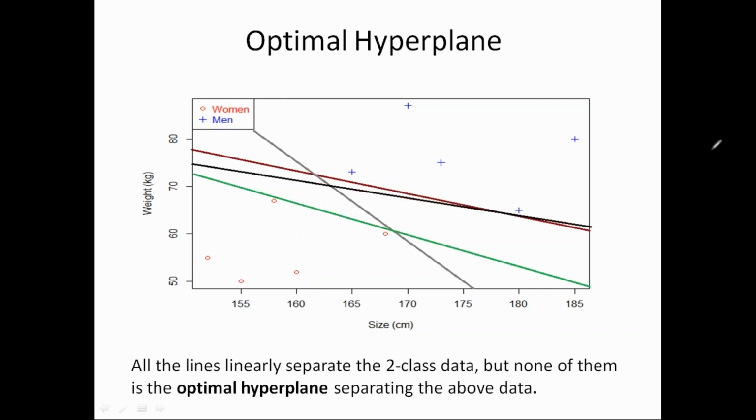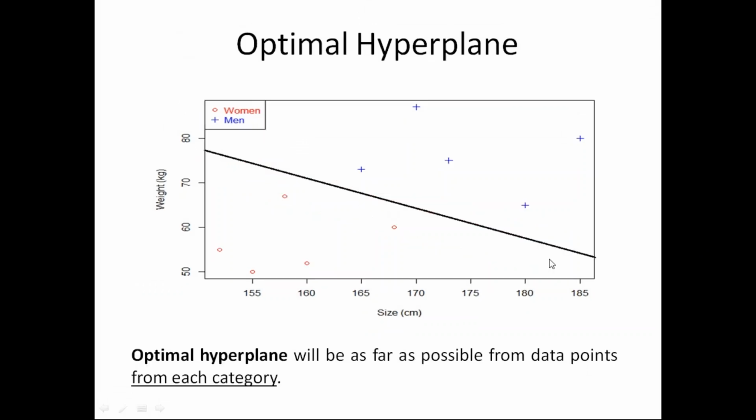So I'm just saying, an optimal plane would be this, exactly going between them. That's the optimal plane. Optimal plane will be as far as possible from the data points of each category.